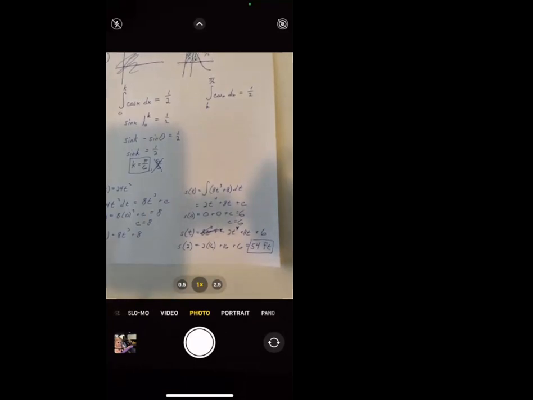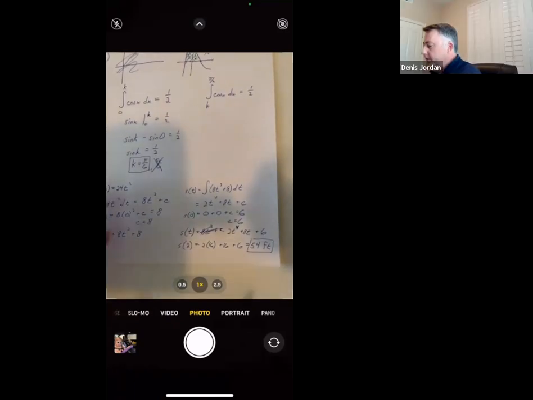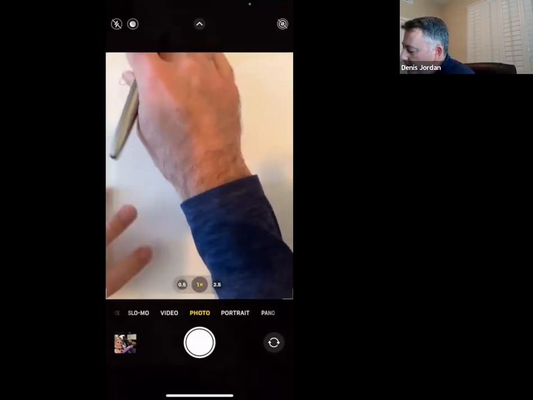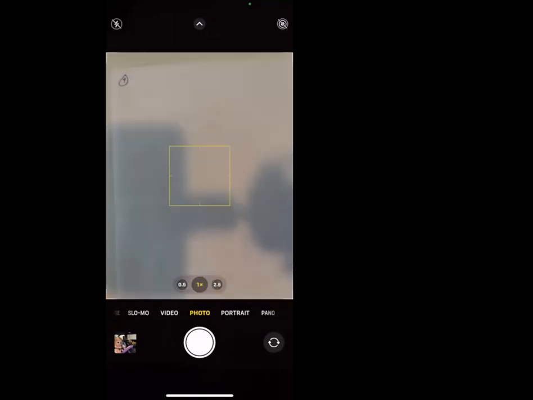Can you go over 9? Sure. Okay, which of the following properties are true?